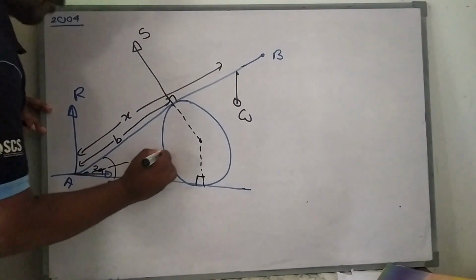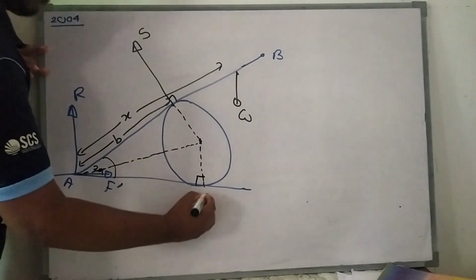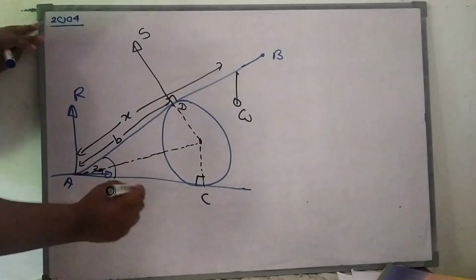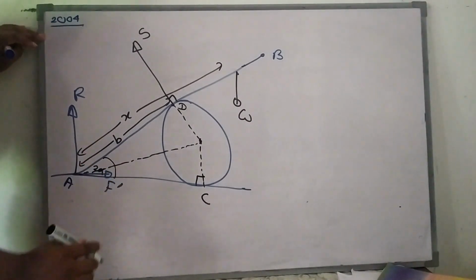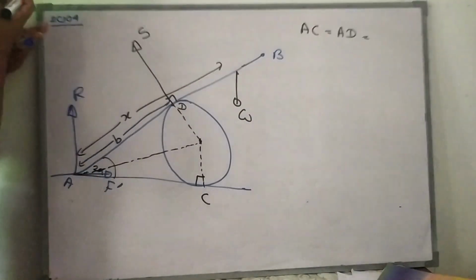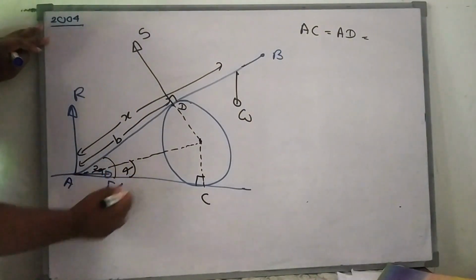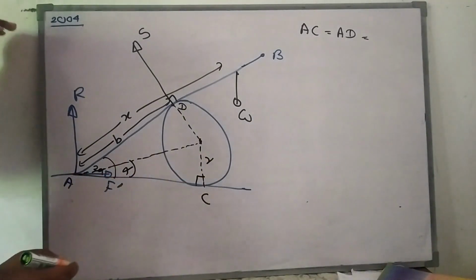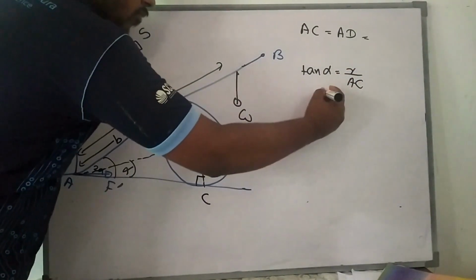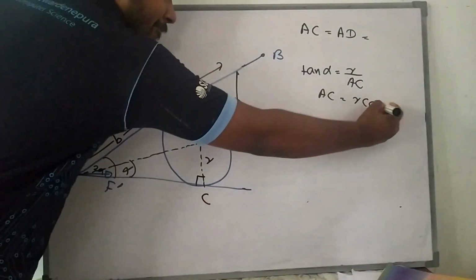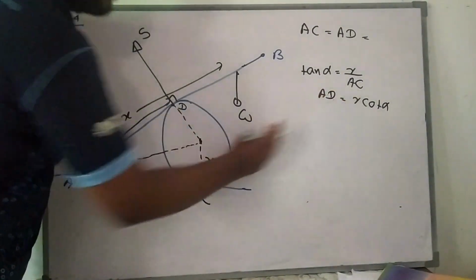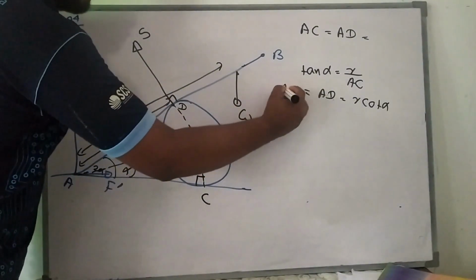These are perpendicular, right? So actually, the triangles ADO and ACO are congruent. Therefore AC equals AD, this angle is alpha and the radius is r. So tan alpha equals r over AC, meaning AC is r cot alpha. And can you remember they have provided us an inequality?